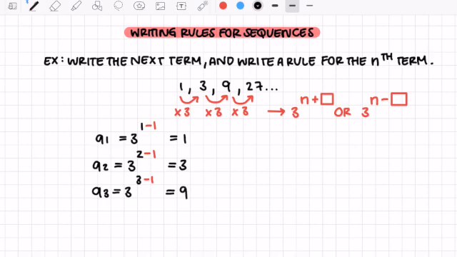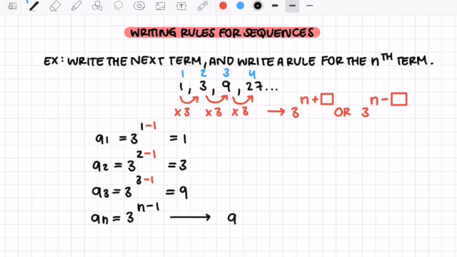So it seems like the formula that we're going to be using for a of n is going to be 3 to the power of n minus 1. That would be the formula that we would use for the sequence. So the only number that we want next is the first term, second term, third term, fourth term. Seems like the fifth term is the one that I want in this case.